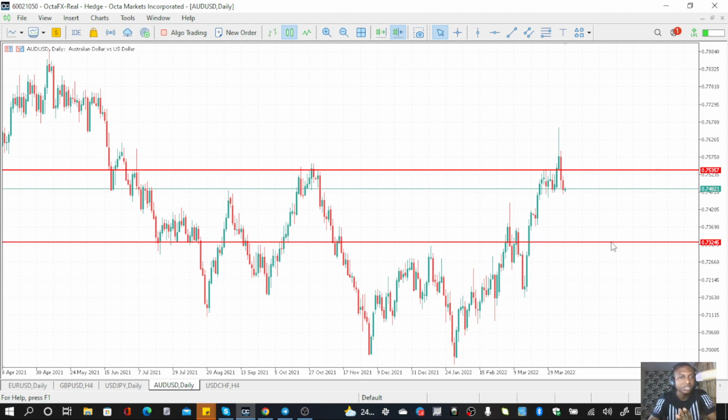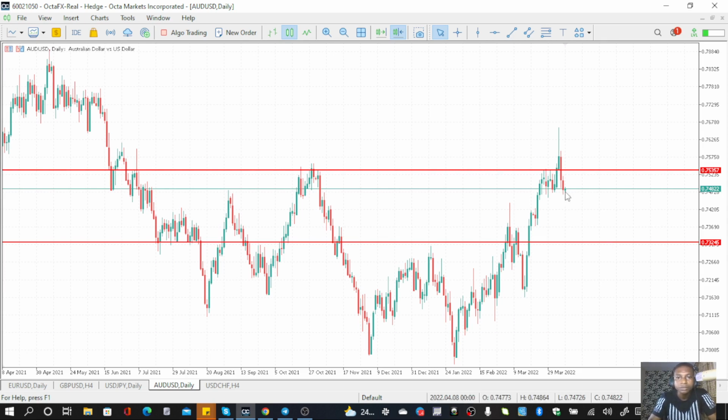An intraday trader, right? So if you are a swing trader, you want to pay attention to the monthly time frame, the weekly time frame, and the daily time frame. But if you are an intraday trader, you want to pay attention to the daily time frame, the 4 hours time frame, the 1 hour time frame, and 30 minutes and the rest.